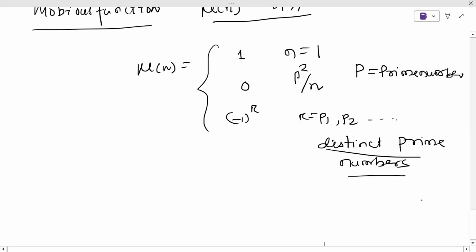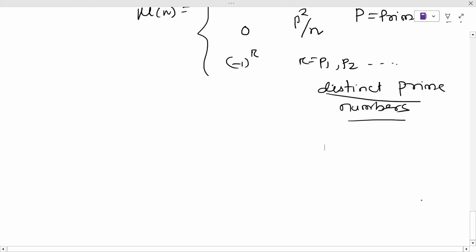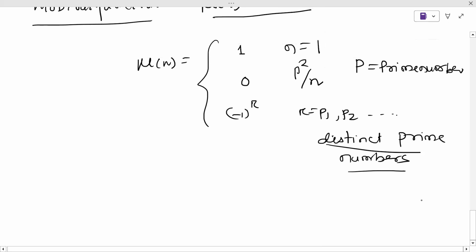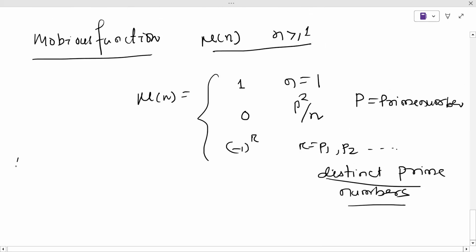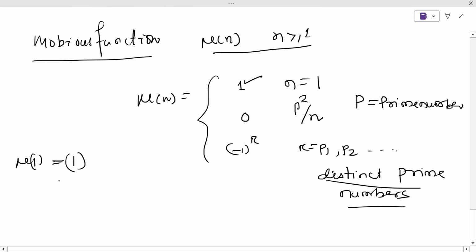We just calculate mu 1. Just see this formula. Mu 1 is defined as 1. Mu 2: 2 is a distinct prime, so r is 1, so minus 1.